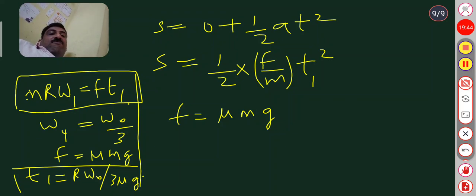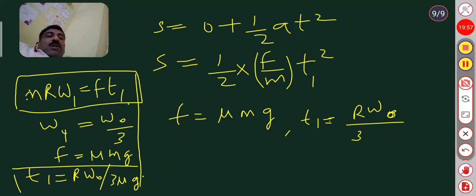So using t1 is equal to r omega 0 divided by 3 mu g, and these two relations, you can calculate s.